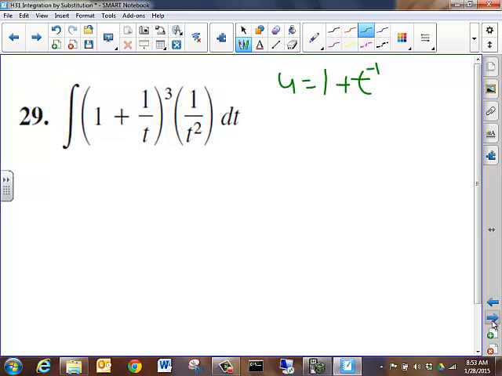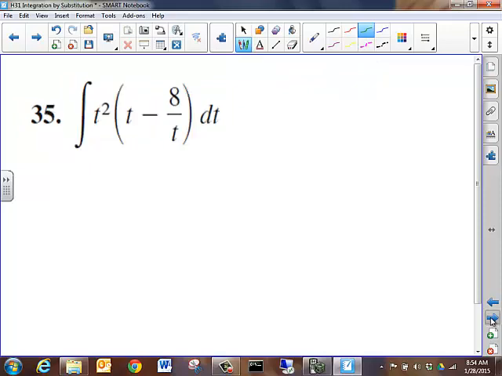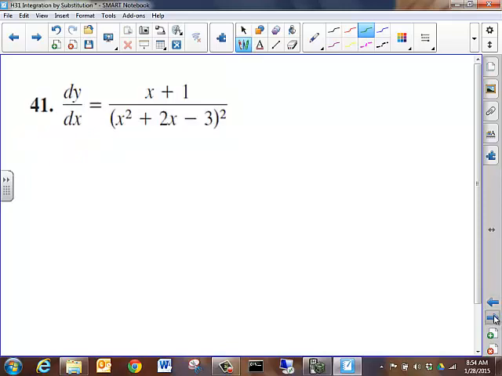We'll learn to integrate 1 over t on Tuesday, okay? It's a very simple rule. Yes, you can.